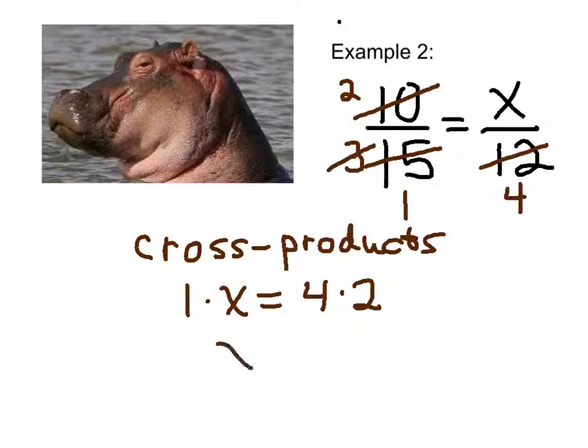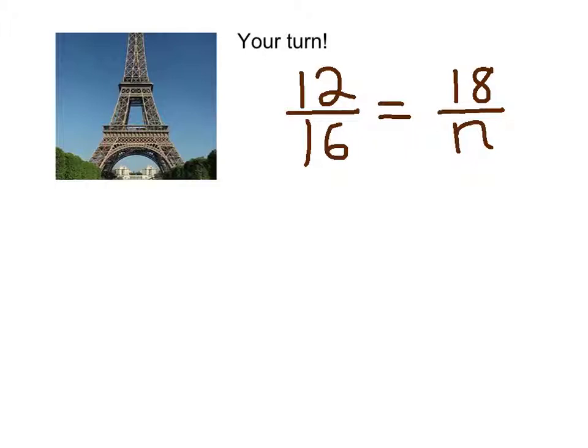So our final answer is x is equal to 8. Now it's your turn. Solve this equation. Remember to first box cancel, then find your cross products and solve for n. You may do so now.